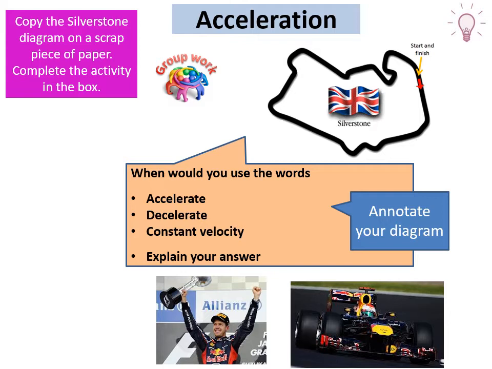So if you think of a car going around that track, at what points would they be accelerating? When would they be decelerating? That means slowing down. And when would they be going at a constant speed? So try and highlight a couple of points for each one, and we'll have a go at doing that together in a minute. So pause it now and have a go at that.